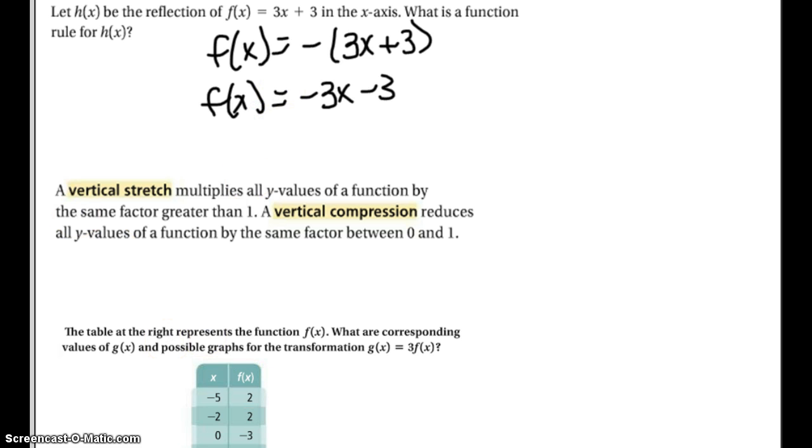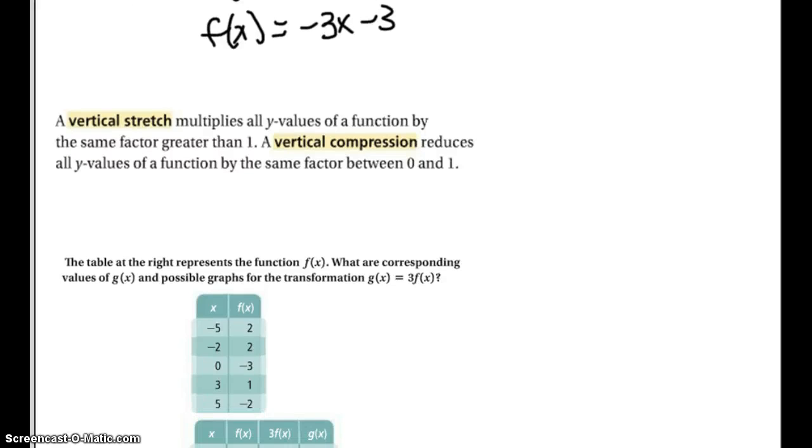The next transformation are the stretches and compressions. A vertical stretch, or sometimes they just call it a stretch, is when you're going to have a multiplication factor that's greater than 1 towards your function. A compression is where you're going to be compressing it down towards the x-axis by a factor between 0 and 1.